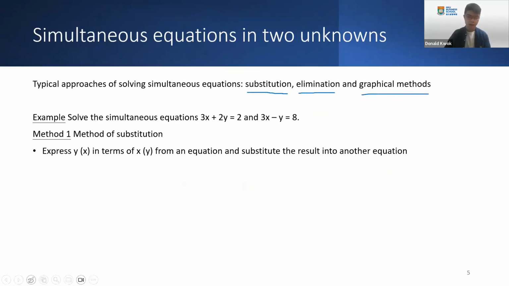If we have this system of simultaneous equations, then using the method of substitution, we would rearrange one of the equations using a particular variable as the subject. Suppose now I consider the second equation using y as the subject first. And then after that, we can plug this expression into the first equation.